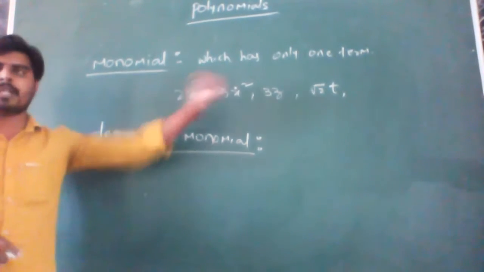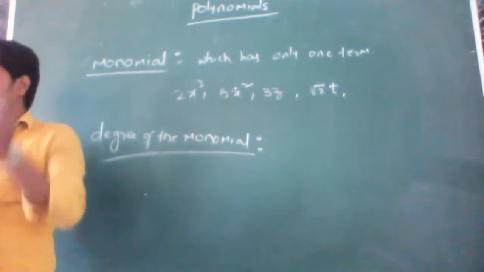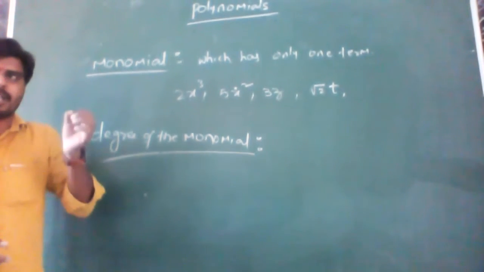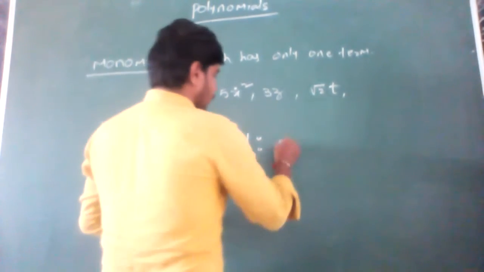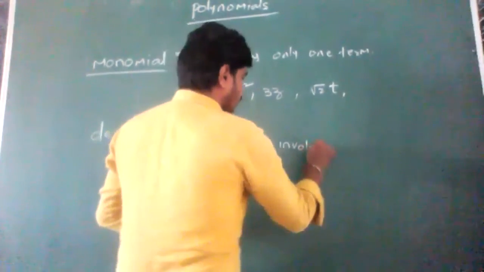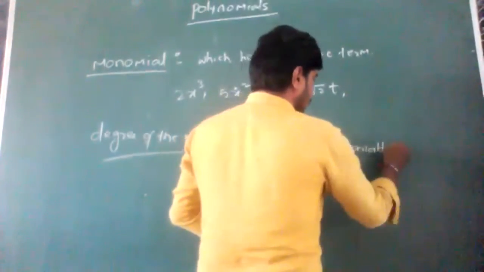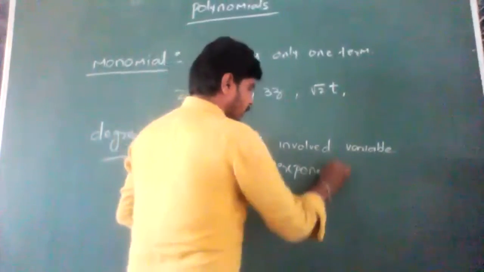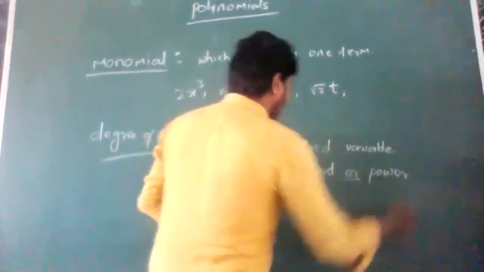Degree of the monomial. So the involved variable's exponent or power is called the degree, right?